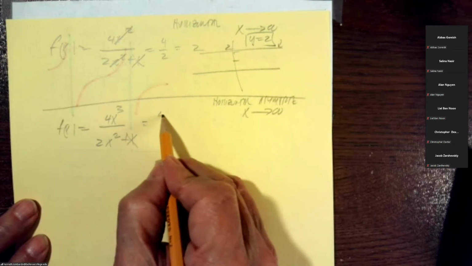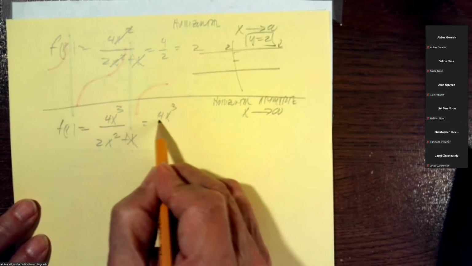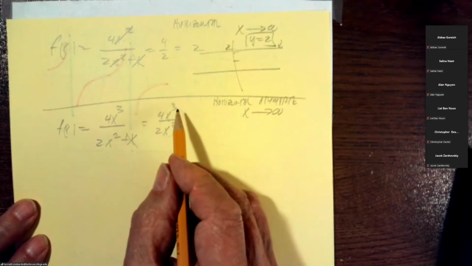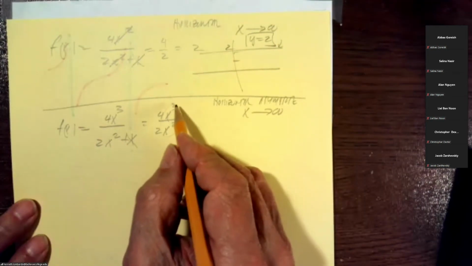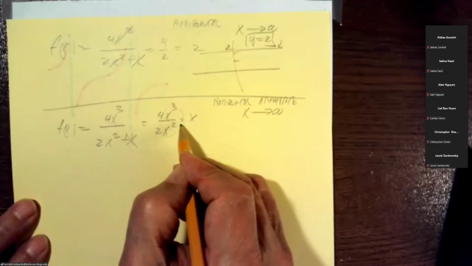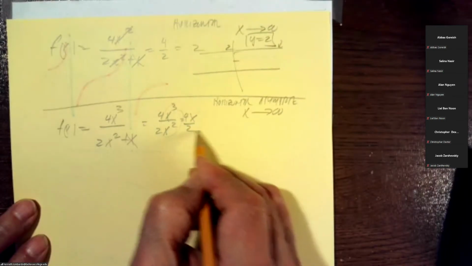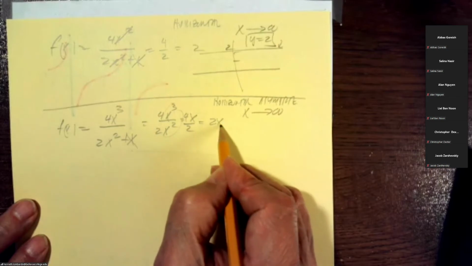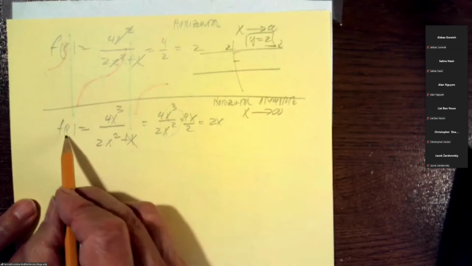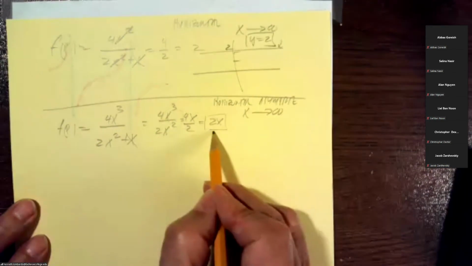And we're going to get 4x cubed over 2x squared. And as x gets very large, x cubed divided by x squared, that's just x, isn't it? So that's 4 over 2, which is 2x. So as x gets very large, f of x is going to look like 2x.